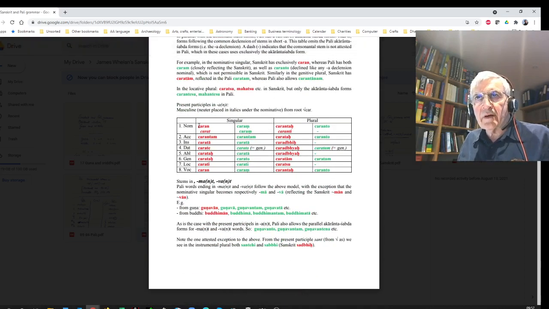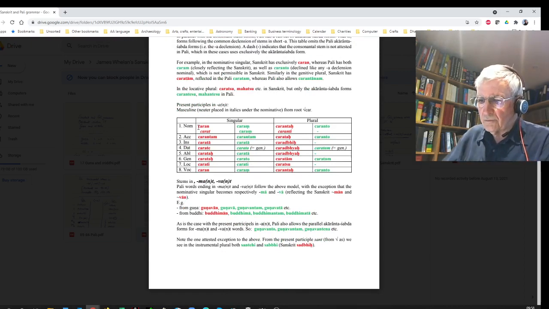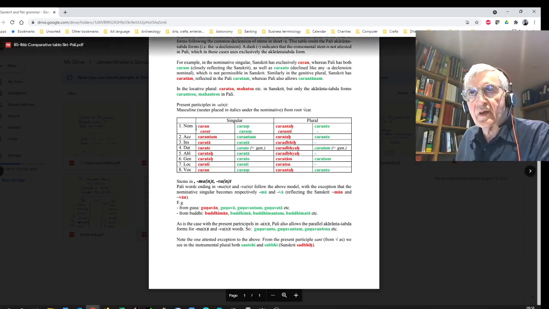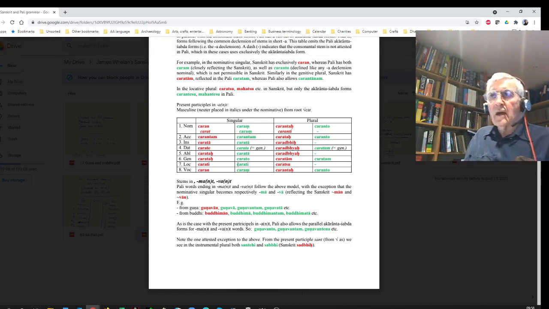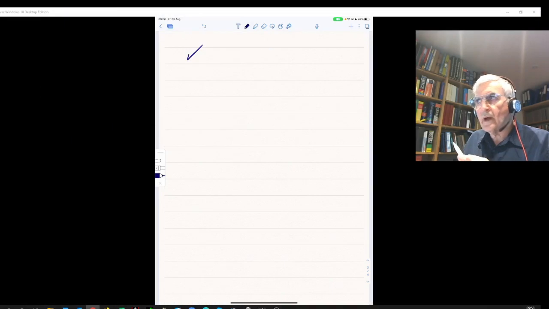So what I've done here in simple table form, you'll see, using the root char, is show what it is in Sanskrit, that's in the red, and the equivalent in Pali. And you'll see that in the singular, let me go back now to my iPad, but try to have these documents in front of you, it will help.